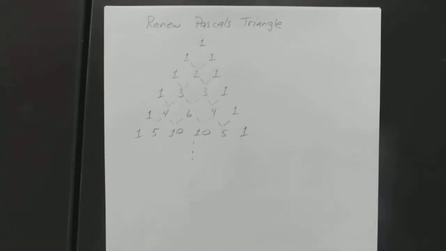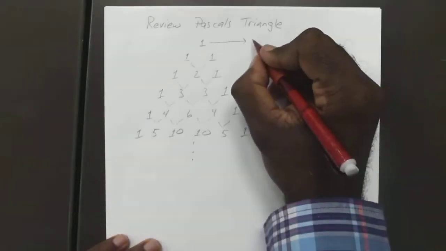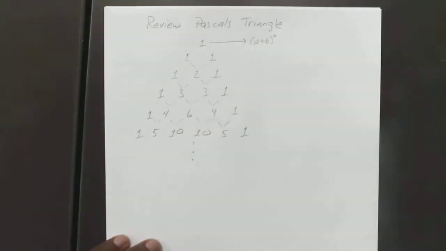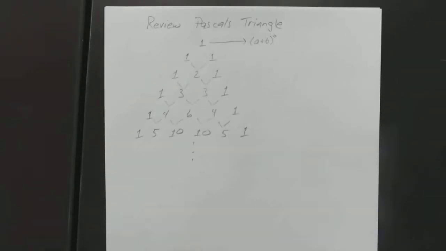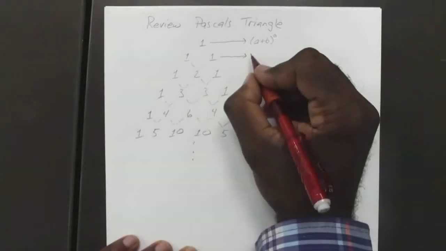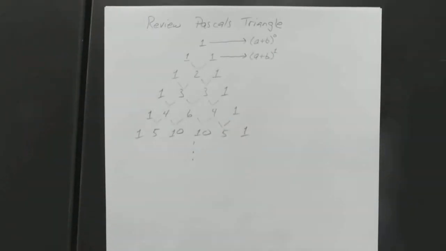Now what makes this really handy is that if you get that 1, let's say you have a plus b, that's the power of 0. And I'll show you how it all kind of falls into place. If you have these two 1s, that's a plus b to the first power.